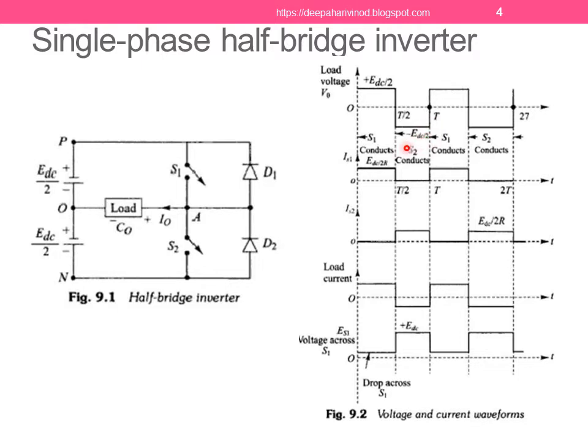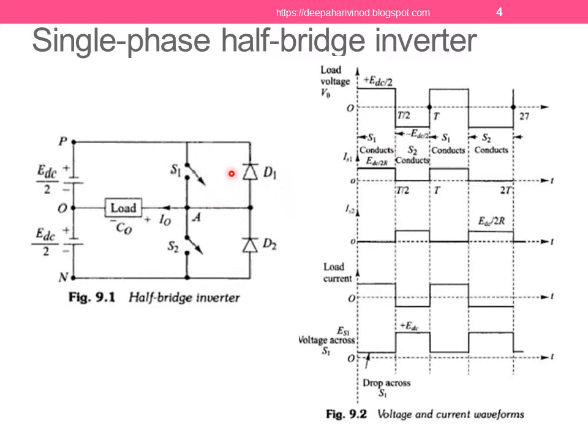Thus by closing S1 and S2 alternately for half a time period, a square wave AC voltage is obtained at the output. With a resistive load, the load current is identical in shape to the output voltage. By controlling the time period of the gate drive signal, the frequency can be varied. Diodes D1 and D2 do not play any role.